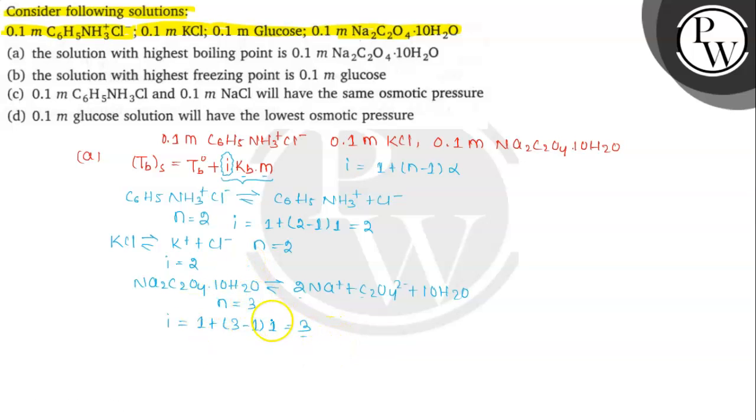As the Van't Hoff factor is high, the boiling point of the solution will also be highest. So option A is correct because the solution with highest boiling point has the highest boiling point.